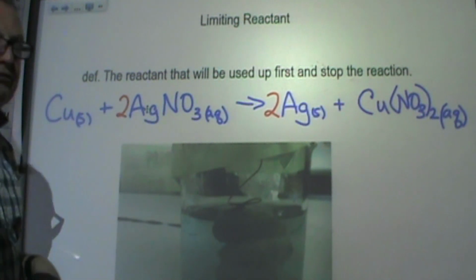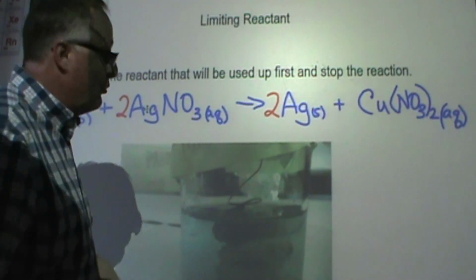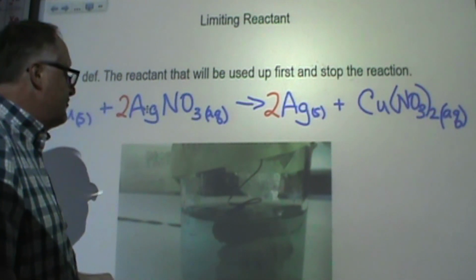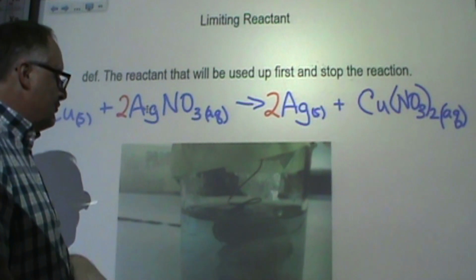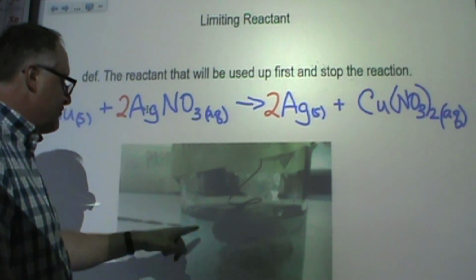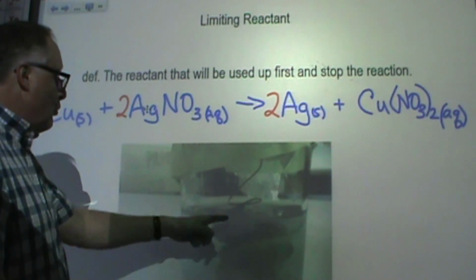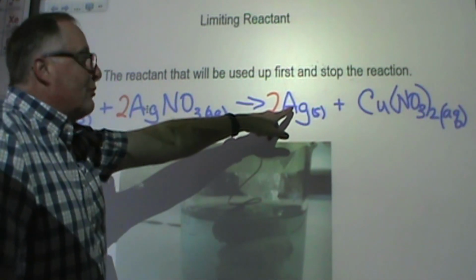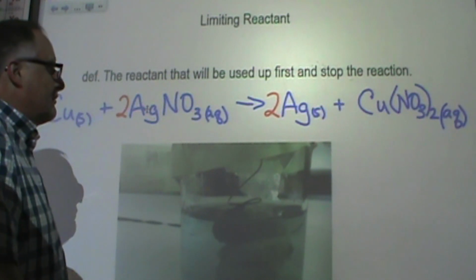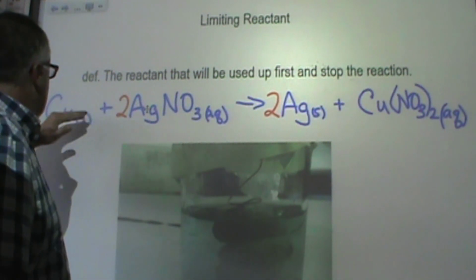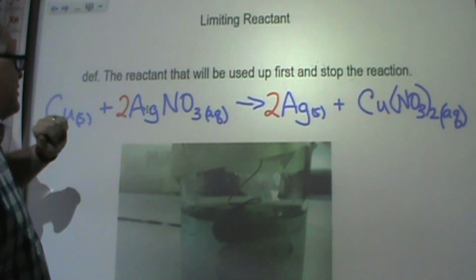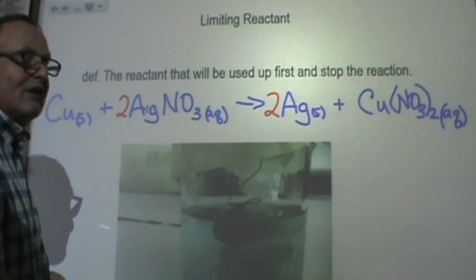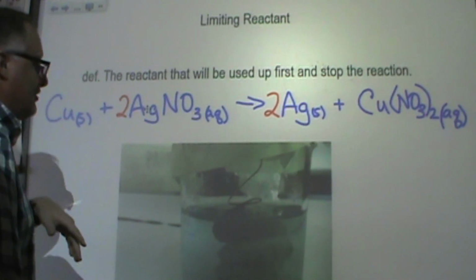We ran out of the silver nitrate, because the silver nitrate is, of course, the expensive part of this, so we have a fairly dilute amount in there. Once the silver has all been used up out of the silver nitrate, the reaction stops. Still lots of copper left, but we ran out of silver nitrate, so the silver nitrate was the limiting reactant, and now the reaction has stopped.